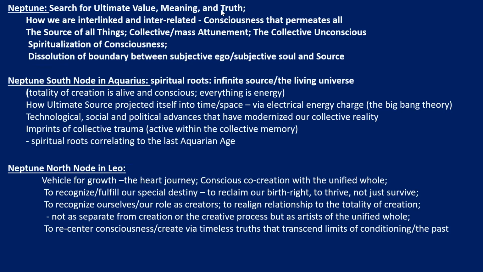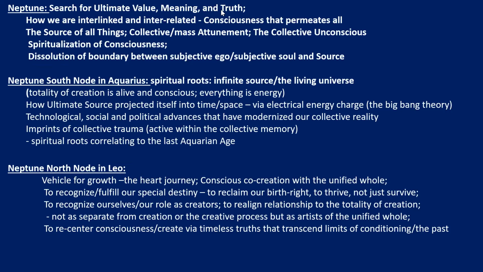The Neptune South Node in Aquarius are spiritual roots, infinite source, the living universe. The universe is conscious. It's alive, it's conscious, and it's breathing. The totality of consciousness is alive and conscious. Everything is energy, including our thoughts, our thought waves, right? South Node in Aquarius is technological, social, and political advances that have modernized our collective reality at various points throughout time.